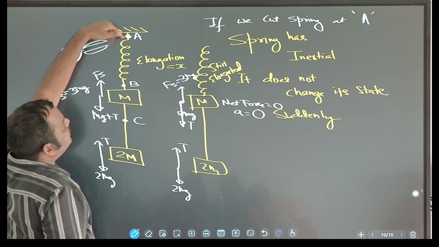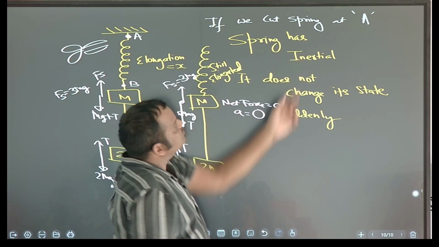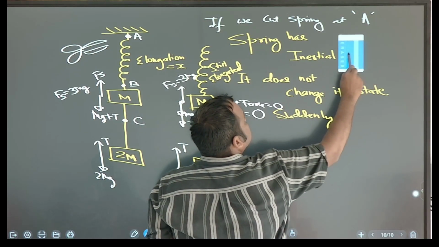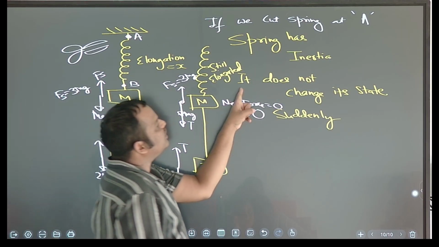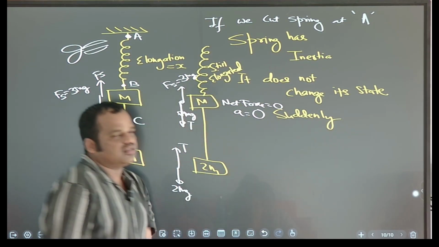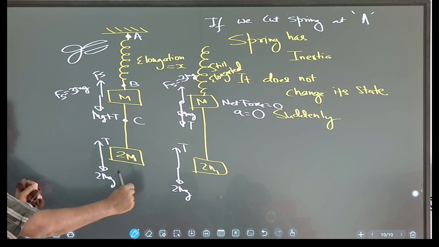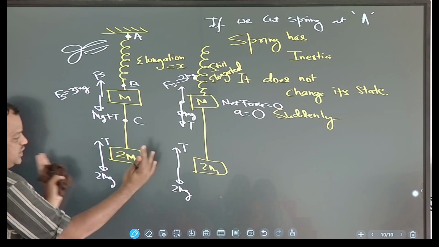So you are cutting it here, but spring has inertia. What is the meaning of this? It does not change its state suddenly. When you elongate the spring, it will not come to natural state suddenly.